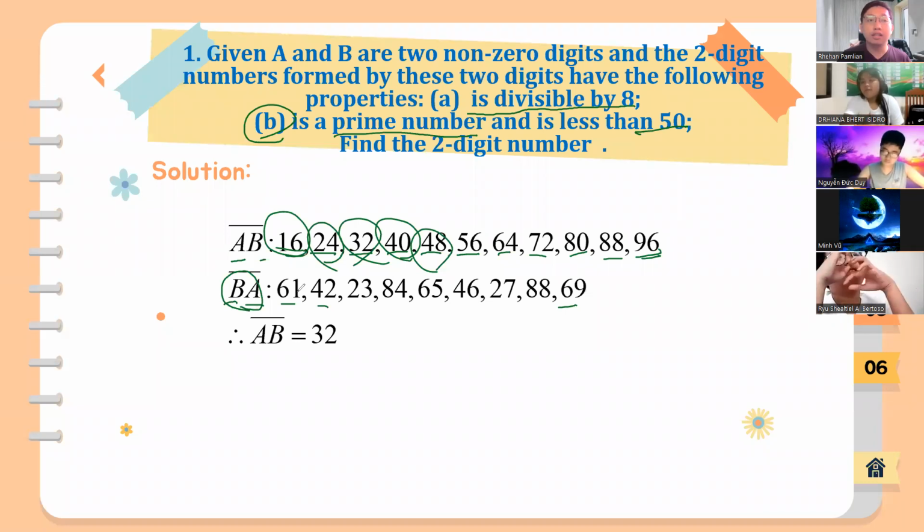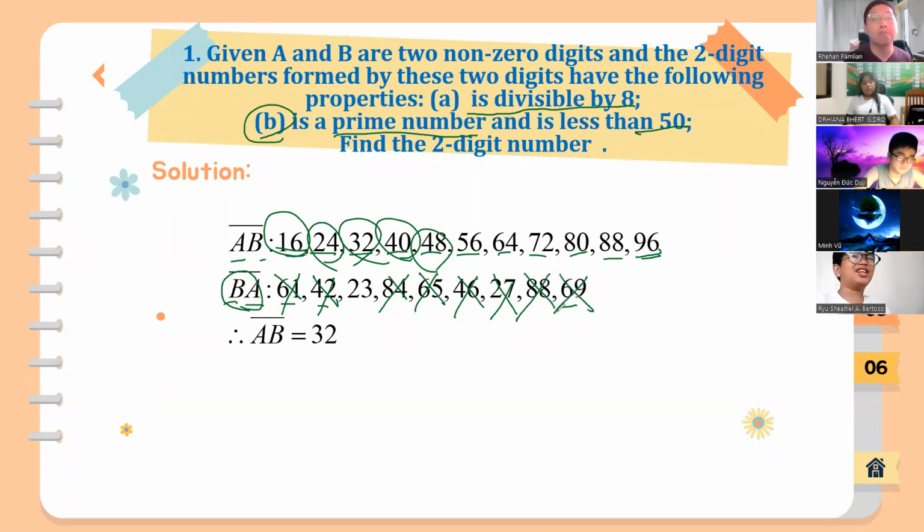61 is not less than 50, so that's not our answer. 42 is not a prime number because it's an even number. 23 is possible. 84 is greater than 50. 65 is greater than 50. 46 is less than 50, but it's not a prime number. 27 is less than 50, but it's not a prime number. 88 is beyond 50, and 69 is also beyond 50, so neither is possible.